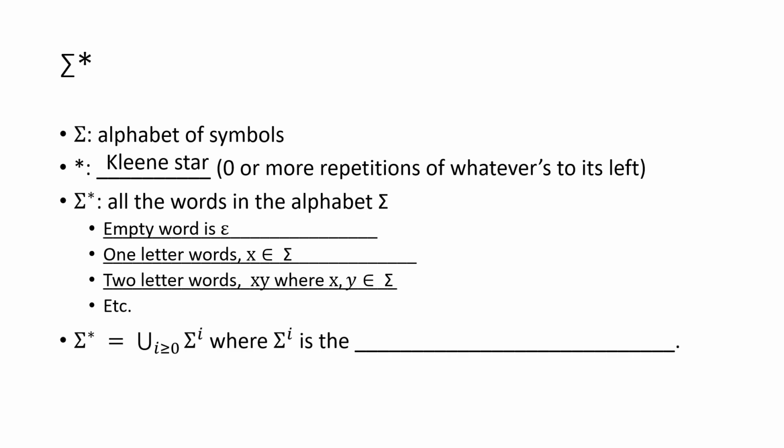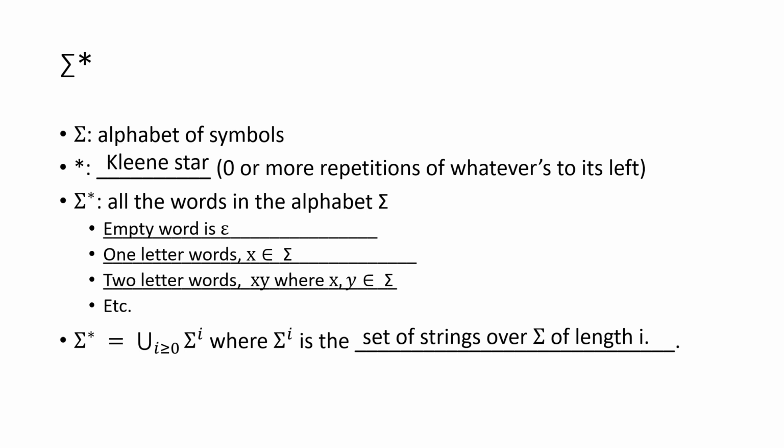Another way to describe sigma star, which is sometimes useful, is that it's equal to the union over i greater than or equal to 0 of sigma to the i, where sigma to the i is the set of strings over sigma of length i. So looking above, one-letter words are just going to be i equal to 1, sigma to the 1, or just sigma.